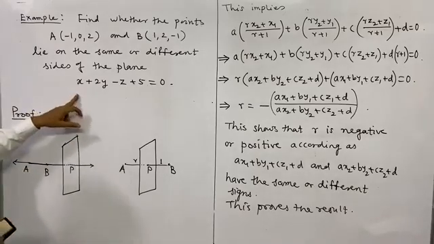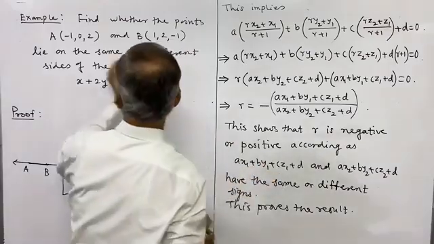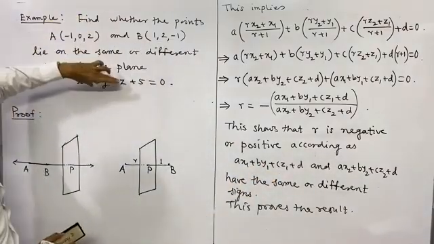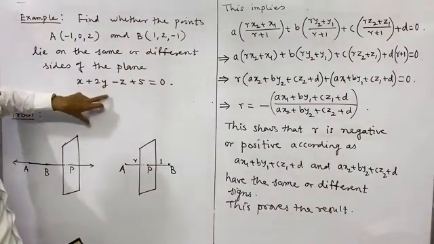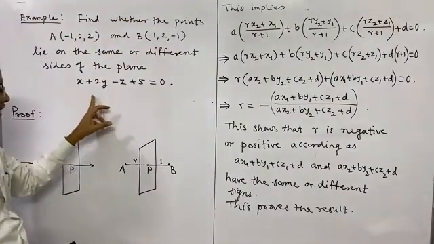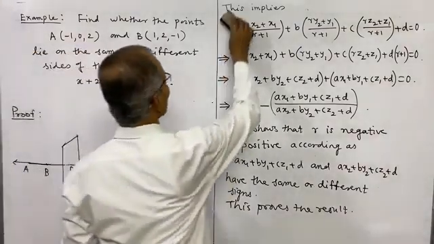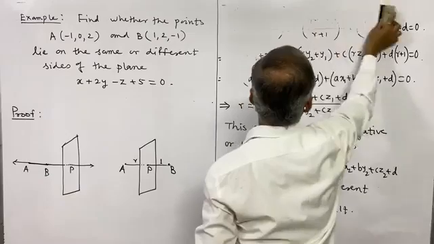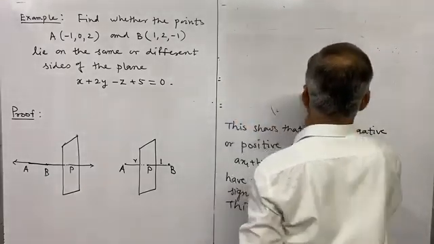Now what we have to check? Only the two expressions, this one, a x1 + b y1 + c z1 + d etc. That means put the coordinates of A in this left side expression and the coordinates of B in this left side expression of the plane, and check the sign only. So the solution for this is simple.